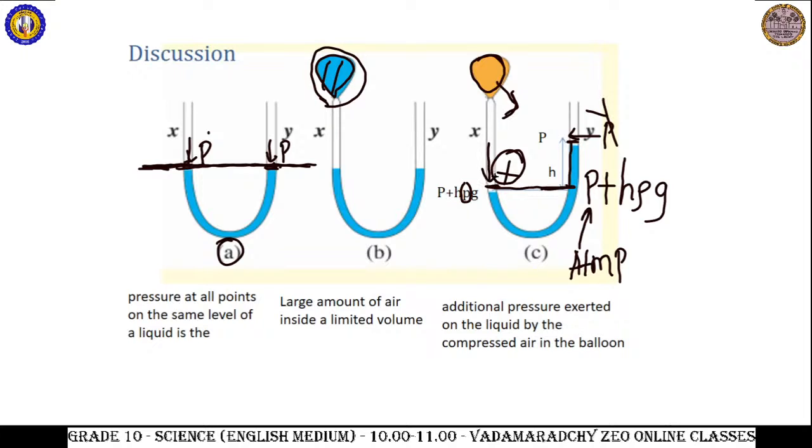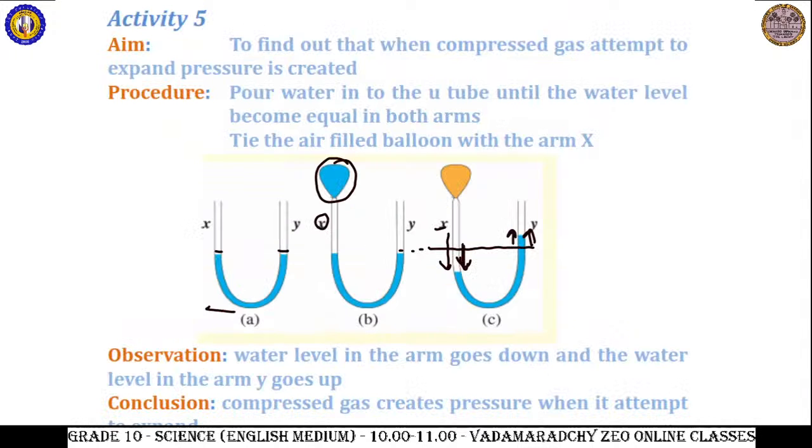Due to this pressure, the pressure at the surface of X will increase by h rho g. Is that clear? This is the discussion of our activity. Our activity is to find out that compressed air, when it expands, creates a pressure. That is the aim we have to confirm.